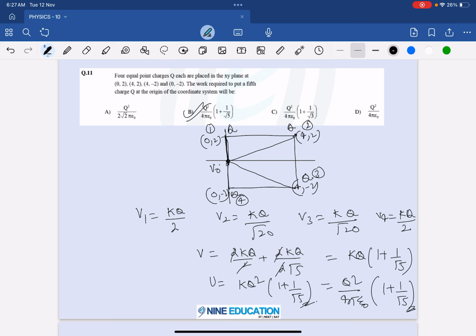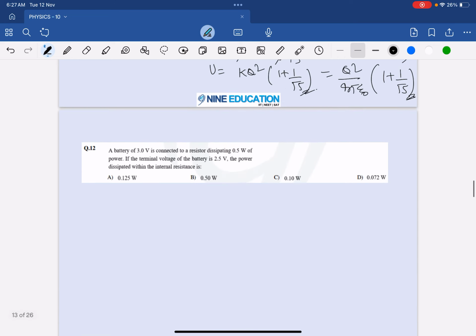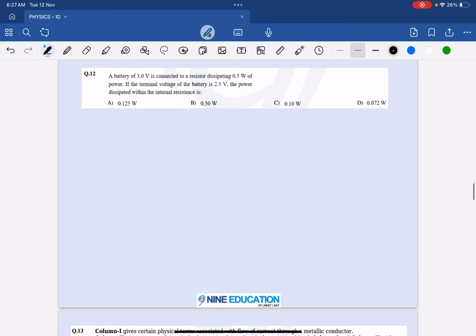Now, what is the next one we are having? Sir, battery of 3 volt is connected to a resistor dissipating 0.5 watt of power. So basically there is a battery and it is connected to a resistor, and this battery is of 3 volt and the power of this resistor is 0.5 watt. All right, sir.